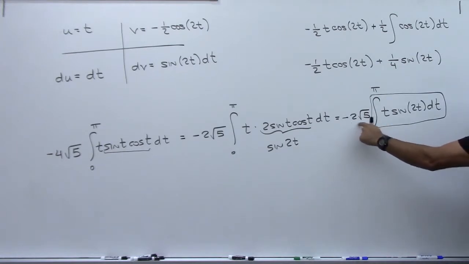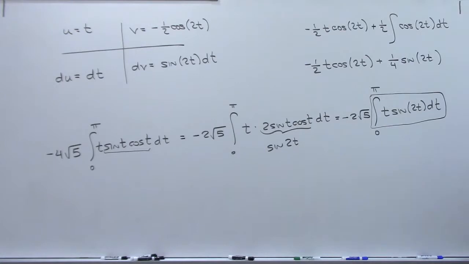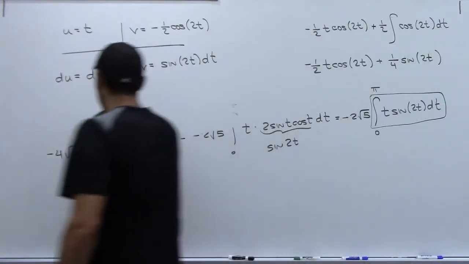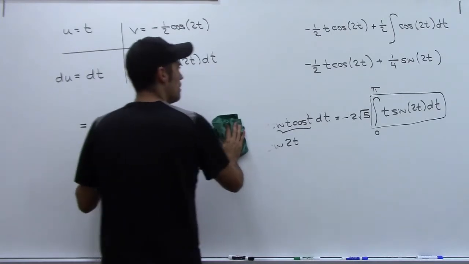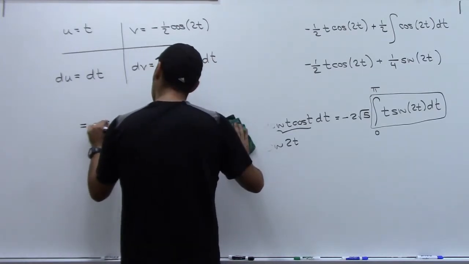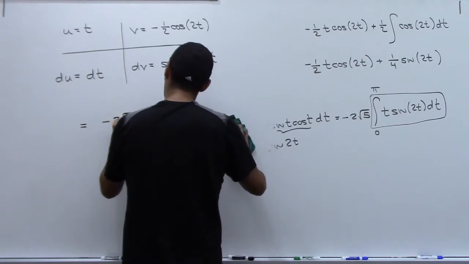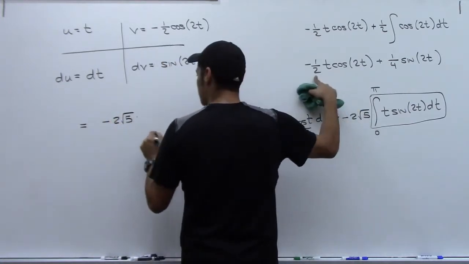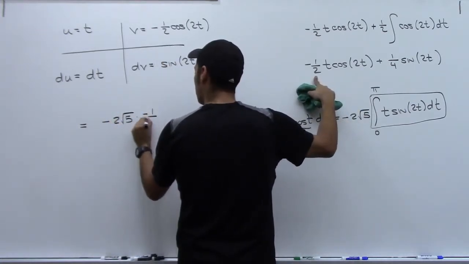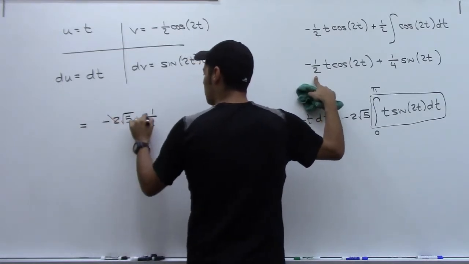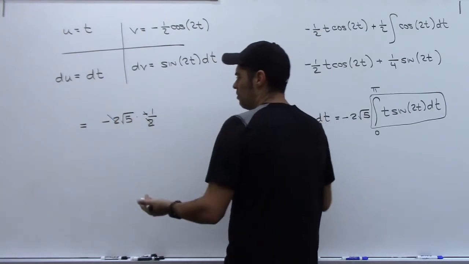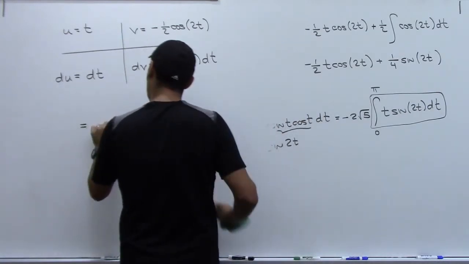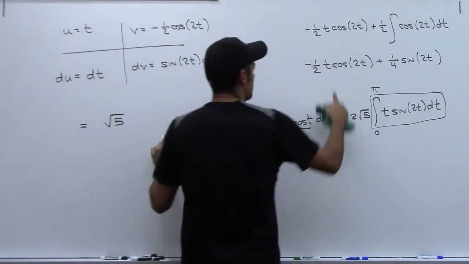Now I still have this in front of it, and I have to evaluate it. So we have that this is equal to negative 2 root 5, it's this, times this, which is negative 1/2. So this negative 2, and that negative cancels. So really, I could just say that that's all just root 5.